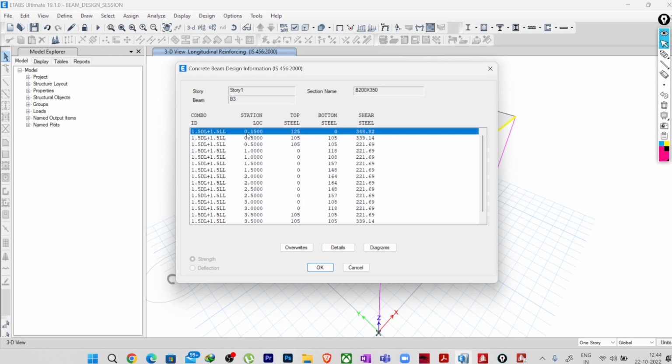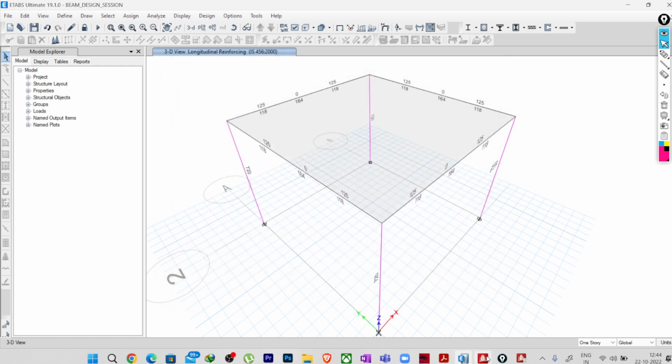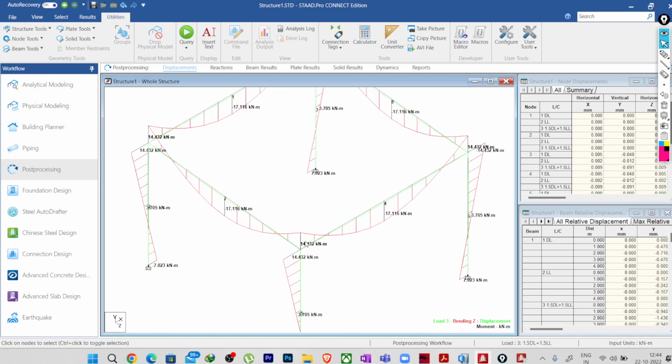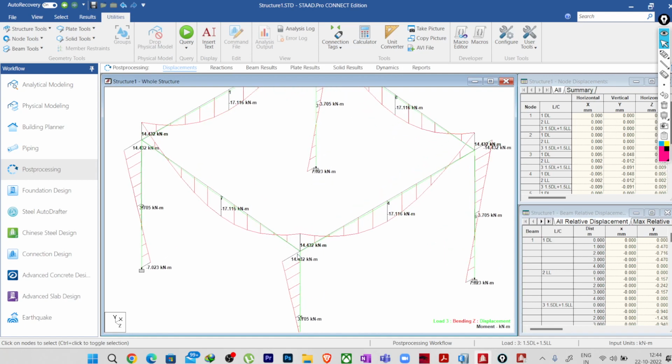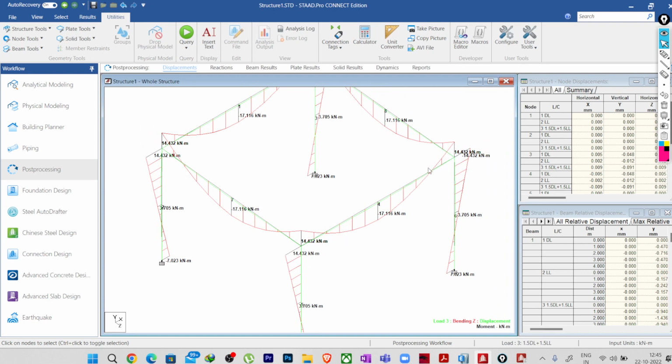It leaves 150 mm embedded inside, and from the 0.15 distance it starts designing, up to 3.85, leaving the other 150 mm on the other side. But in STAAD Pro, unless you provide an offset for the column, it will consider the moment from the center of the column itself. So you can provide an offset, otherwise you can go for this conservative approach.